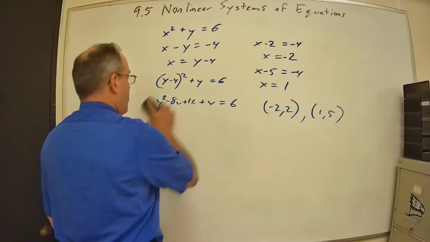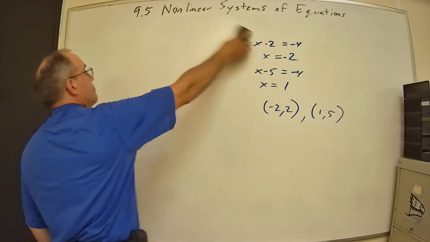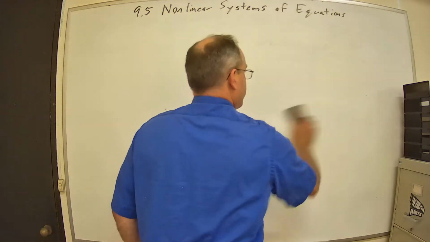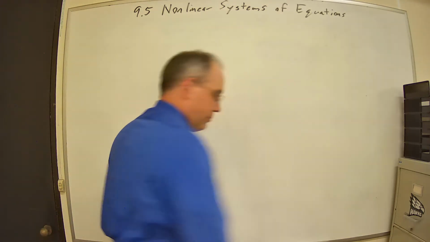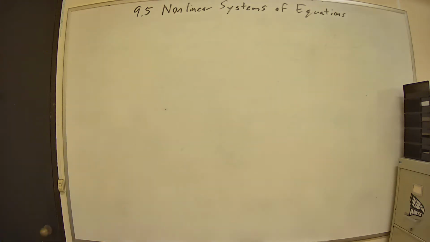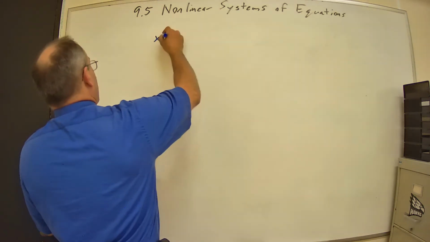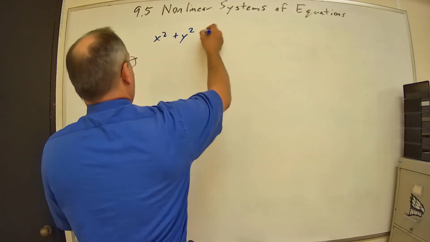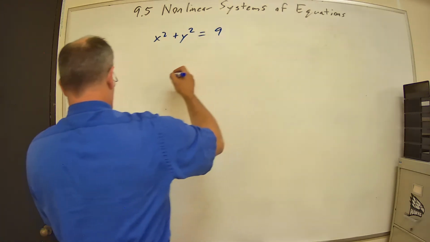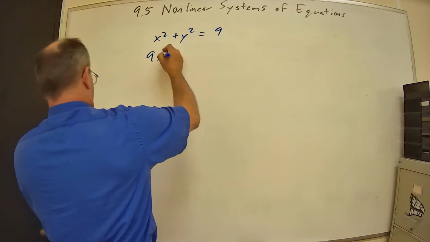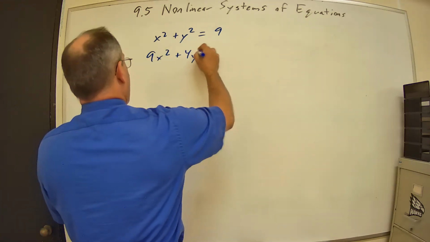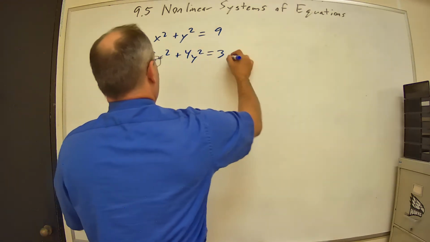Let's do another example using elimination. X squared plus y squared is equal to 9. 9x squared plus 4y squared is equal to 36.